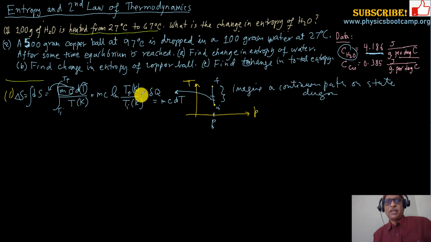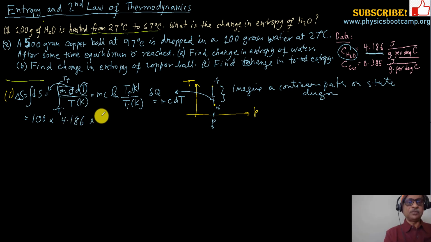Okay, putting in the numbers, let's see what we get. So we get 100 grams, and this is joule per gram, so I can just put 4.186, and then I get a log of 67 plus 273, I forget the decimals over there, over 27 plus 273.